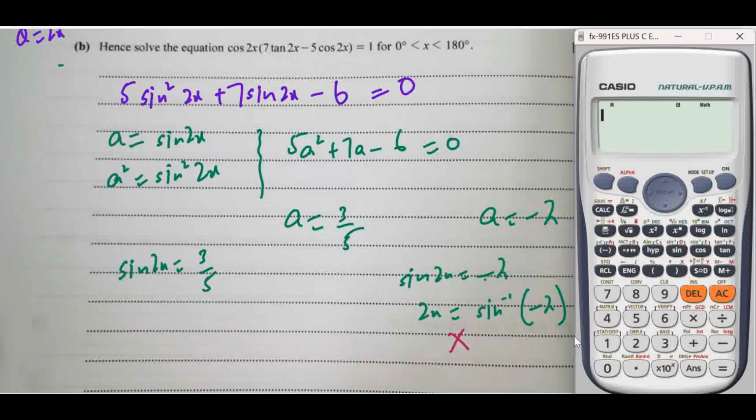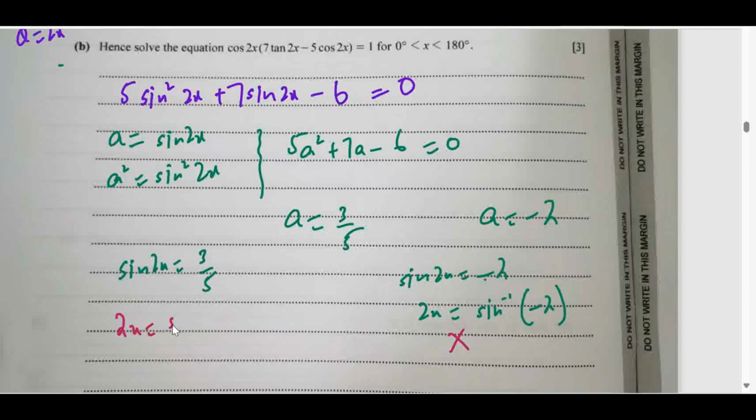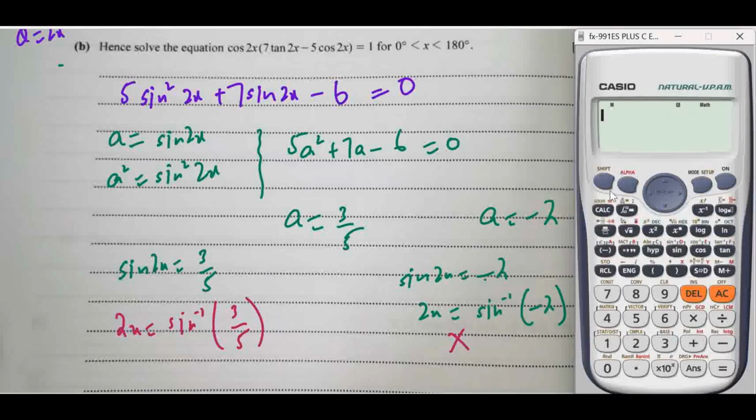So in the second one, 2x is equals to sine inverse of 3 by 5. So shift sine inverse of 3 by 5. This will be 0.64. Now here we can see that this calculator is in radian mode.